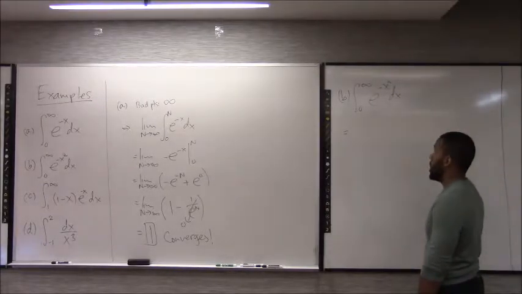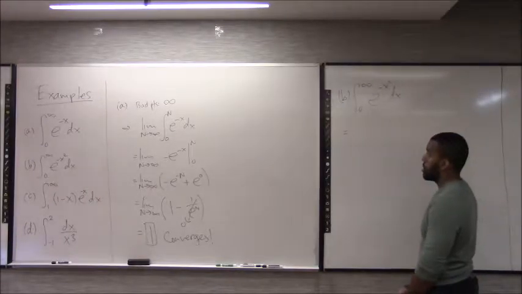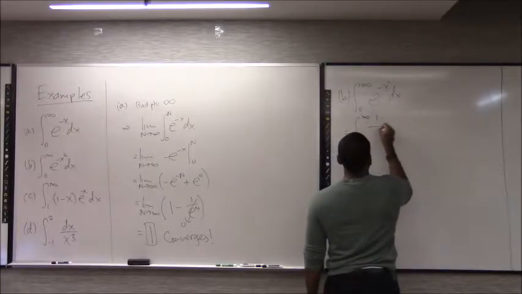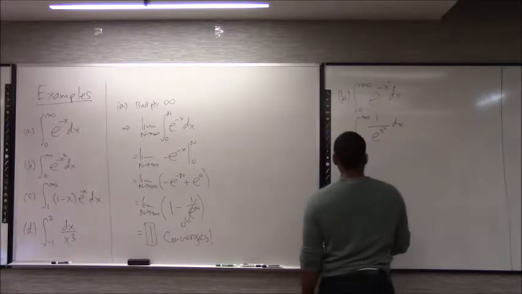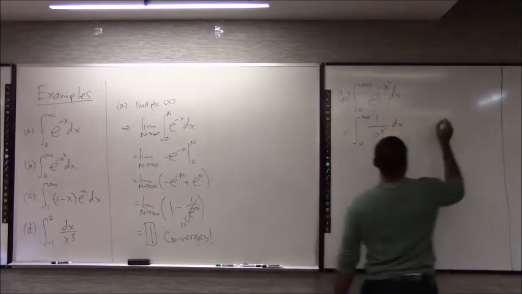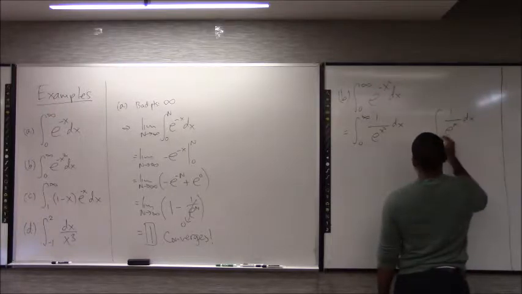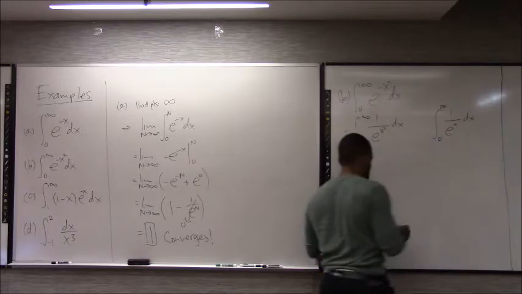Okay. So how do they compare? If the first one is greater, this one has to converge also. Right, this is equal to 1 over e to the x squared. And if I wanted to compare that to the integral of 1 over e to the x dx, how would the comparison work?